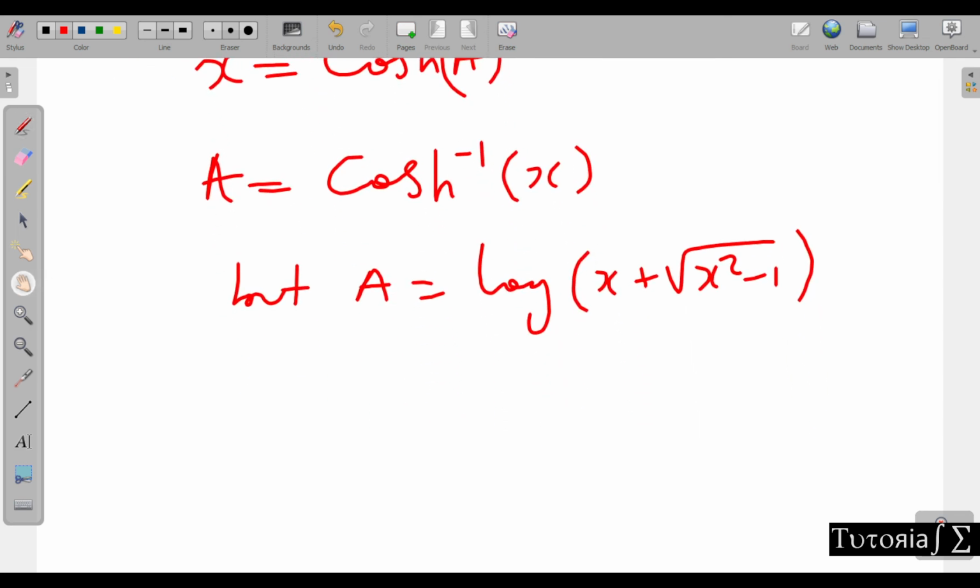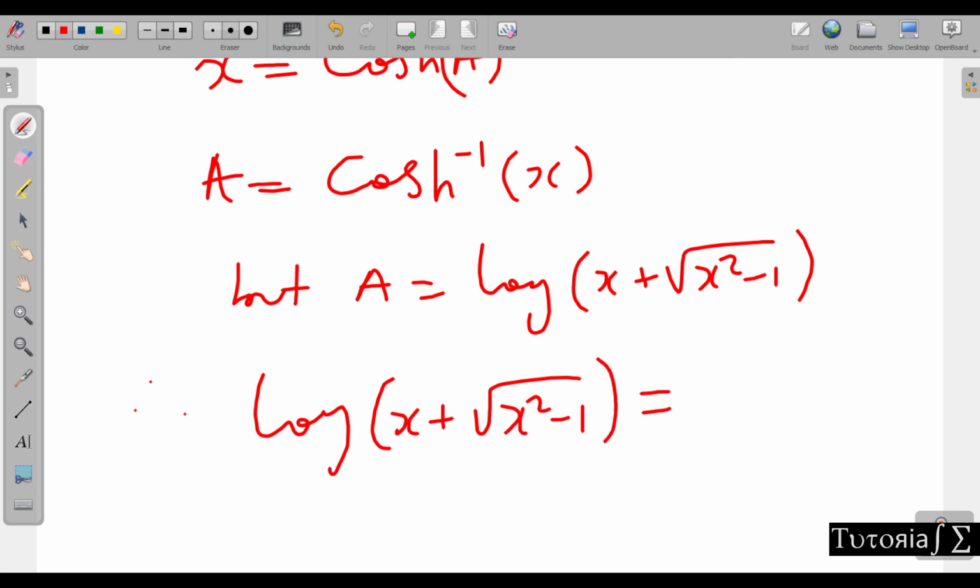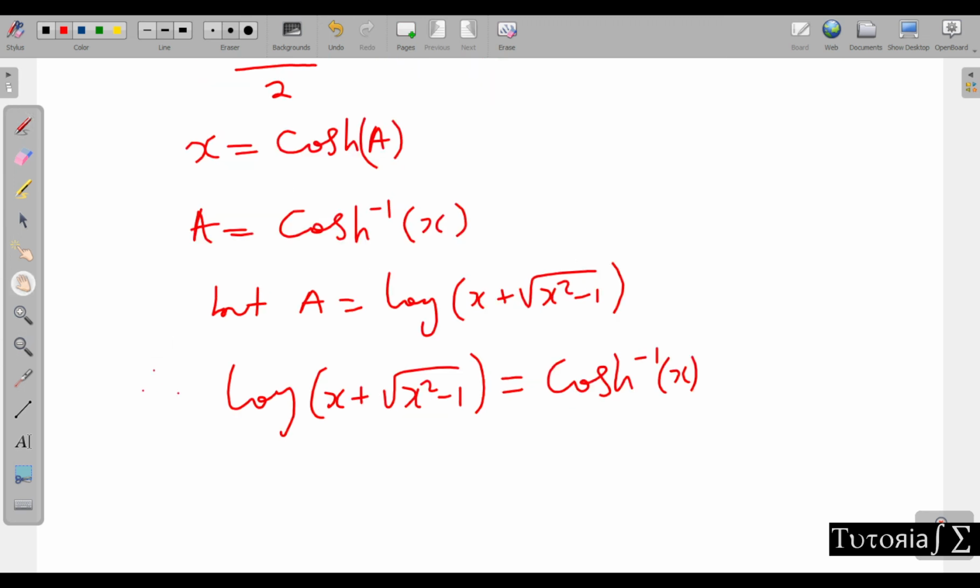Okay? Then you can say, therefore, log of x plus root of x squared minus 1 is equal to the cosh inverse of x. So that is how you prove.